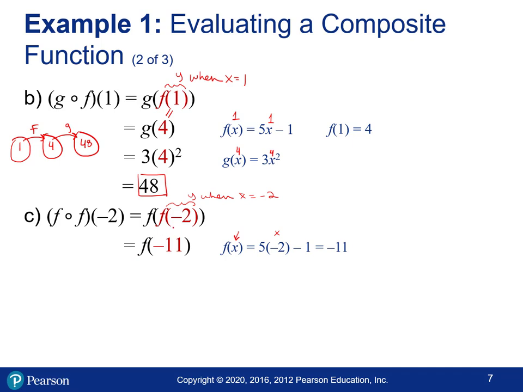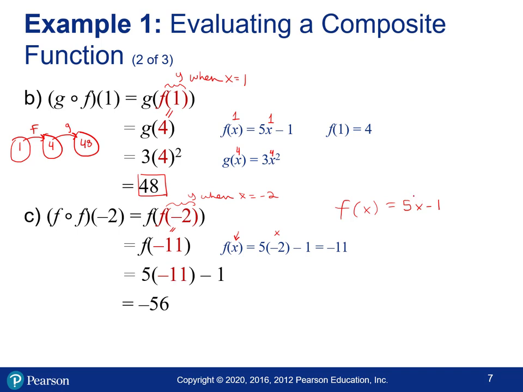So now this says f of negative 11, and we're just plugging back into that same function. It's okay that we see f of f, it's just saying that we're composing a function with itself. So f was 5x minus 1, and we just happened to use the same function twice this time.